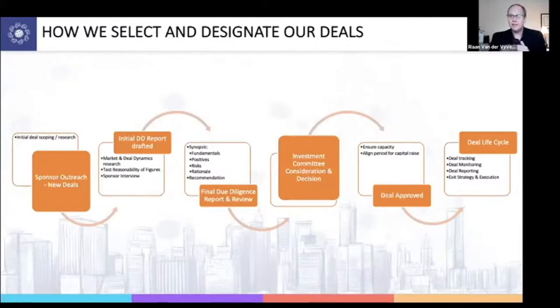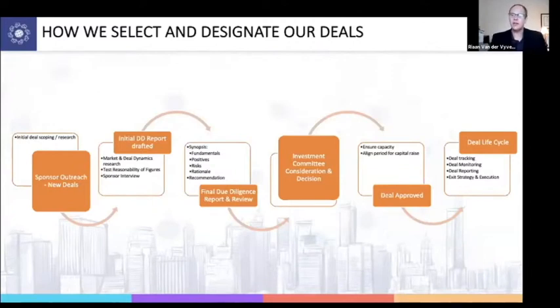So we do quite detailed deal monitoring, and from there onwards, there's deal reporting. As the participants and investors know, there is reporting at deal level. If a deal does a quarterly report or distribution, then that report is shared with our investors.